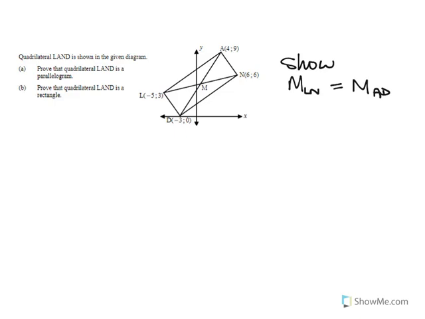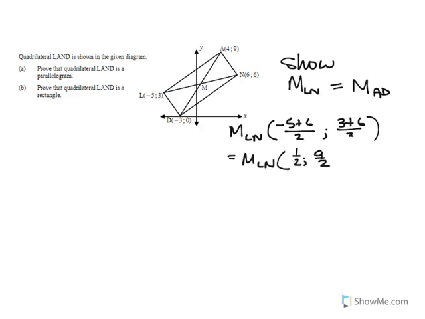So the midpoint of LN is going to be (-5 plus 6) over 2 and (3 plus 6) over 2. So the midpoint of LN will be 1/2 and 9 over 2. And then the midpoint of AD will be (-3 plus 4) over 2 and (0 plus 9) over 2.